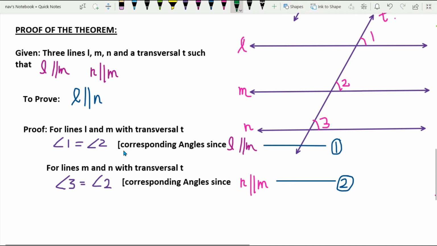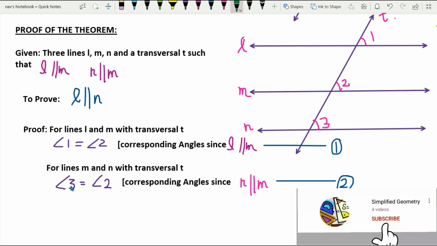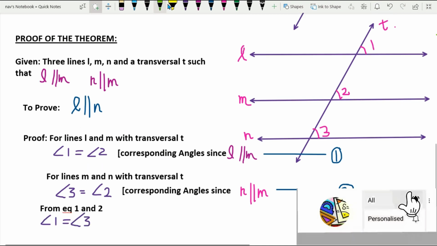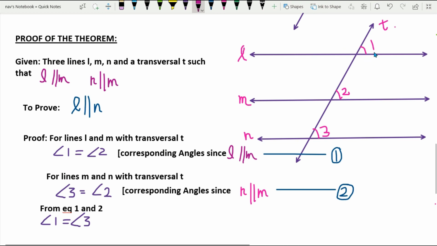Now see the magic here. From equations 1 and 2, you can see the right-hand side is the same, angle 2 and angle 2. So automatically the left-hand side will also be the same. So we can conclude that angle 1 is equal to angle 3 from equations 1 and 2.